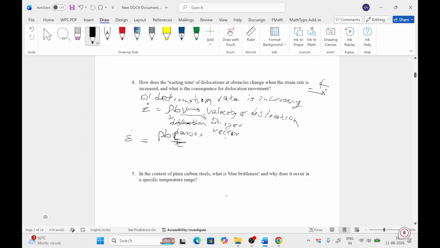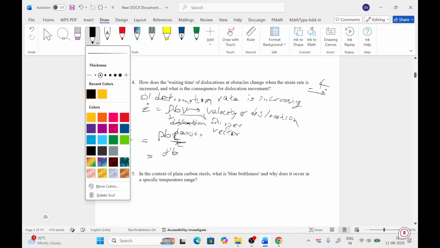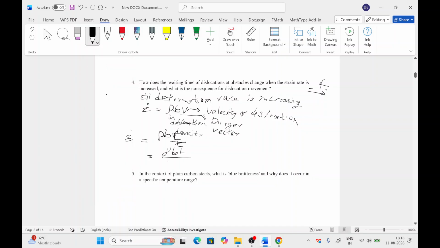So in the time t, there are two times. One is the waiting time and one is the flight time.